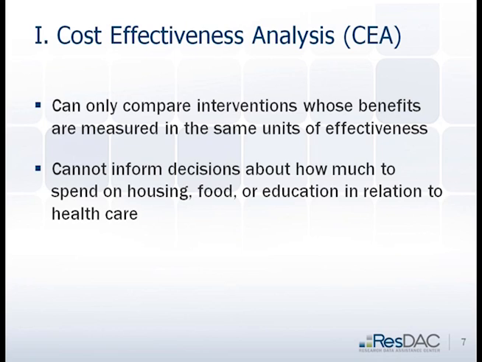And so if you're comparing the benefits associated with, let's say, morbidity, what were some of the complications averted, lives saved, for example, you want to have measured that in the same way across both interventions. So the set of outcomes that you're going after, make sure that you're able to compare apples to apples. You have the same units of effectiveness across both of those interventions or control versus experimental group, etc.